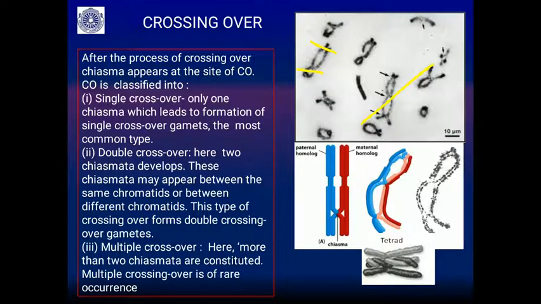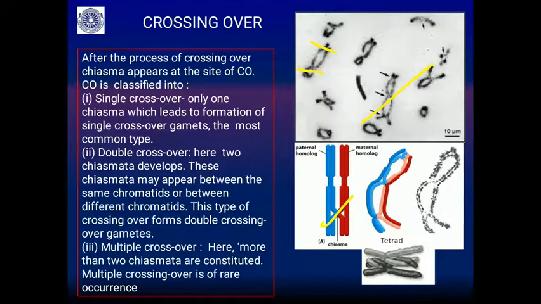Based on this, crossing over is classified into single crossover, that is only one chiasma, which leads to the formation of single crossover gametes. This is the most common type. There will be only one crossover here, or else a double crossover.